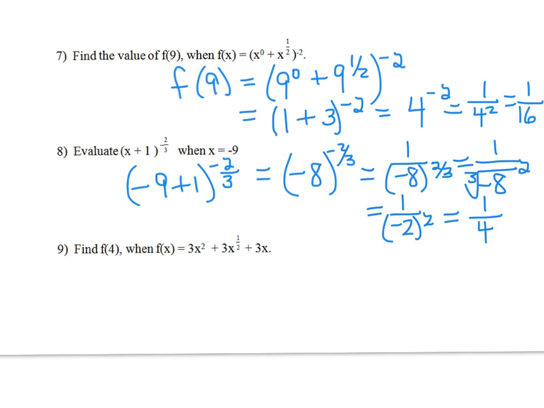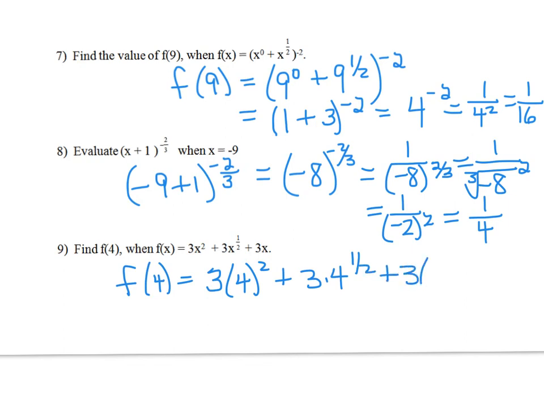And lastly, we want to find the function value at 4. So substituting 4 for x, watch your order of operations here. So 3 times 4 squared plus 3 times 4 to the 1/2 plus 3 times 4. Now in each case, I need to evaluate the exponent before multiplication.